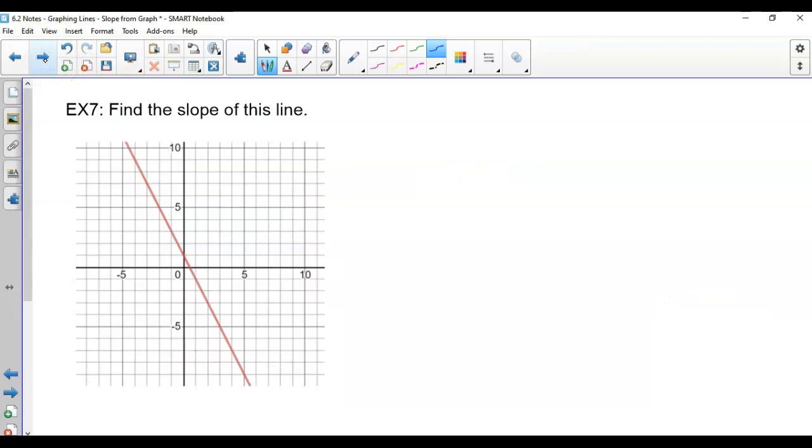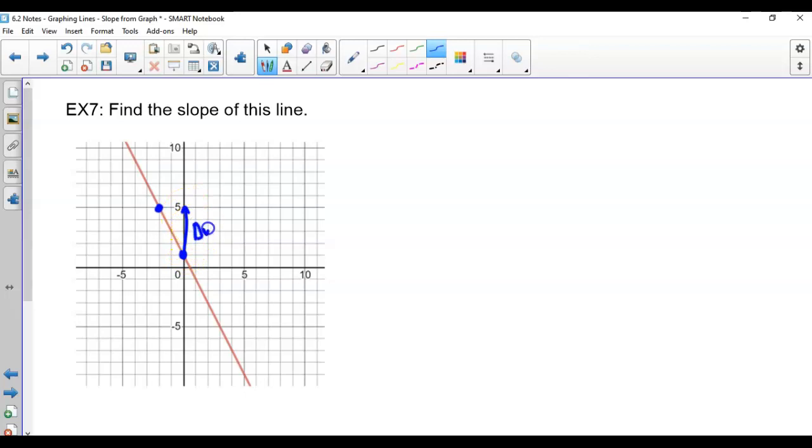Let's do a couple more where we've got to find the slope. So I've got this graph right here. I'm going to pick me 2 points. I'm going to pick this point right here and this point right here. And we are going to go change in y over change in x. So I'm going to pick this bottom point this time. So change in y, that's vertical, up or down. So I would have to go up 1, 2, 3, 4.